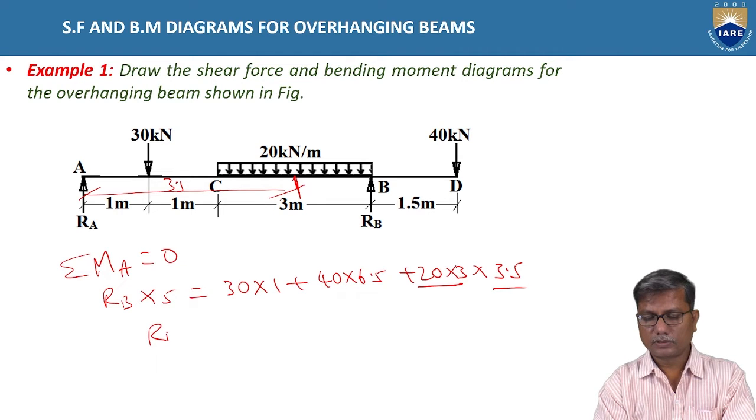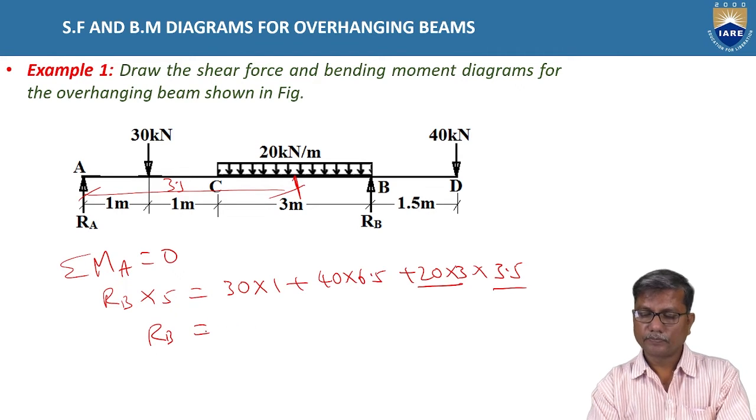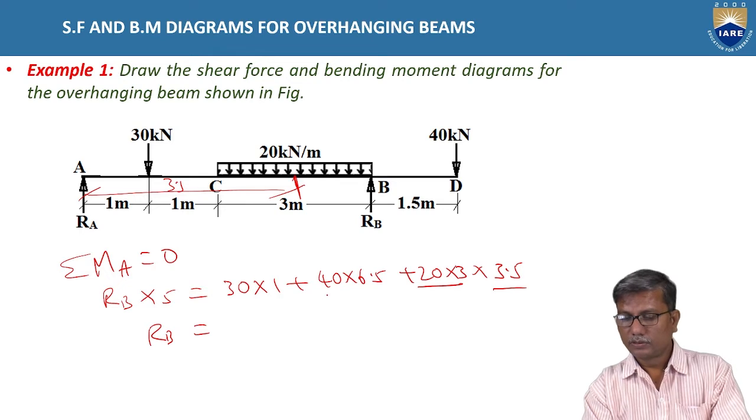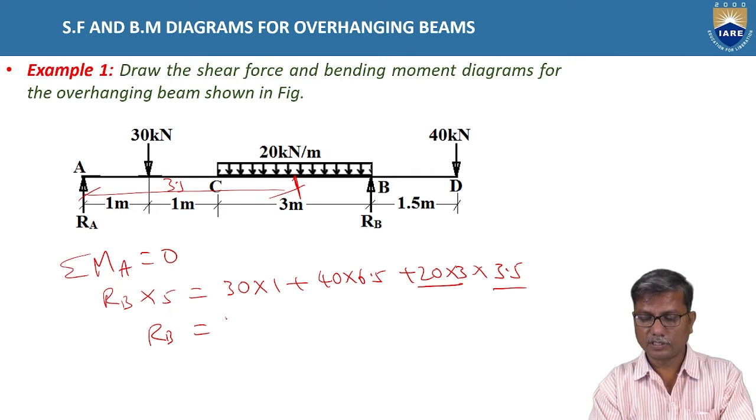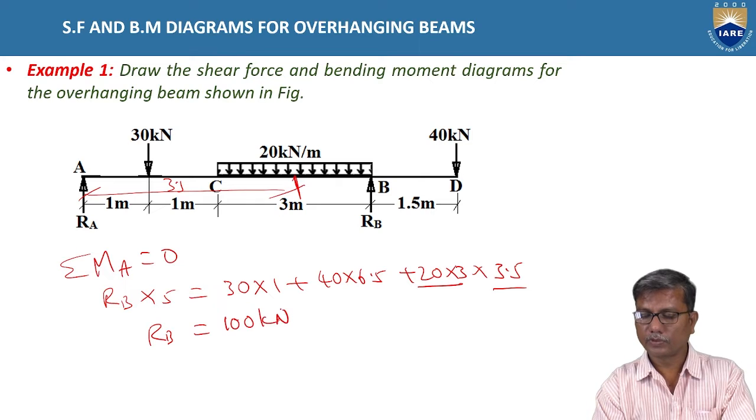So from this you will get RB as 210 and 30, 240, plus 260. That is 500 by 5, that is 100 kilonewtons.